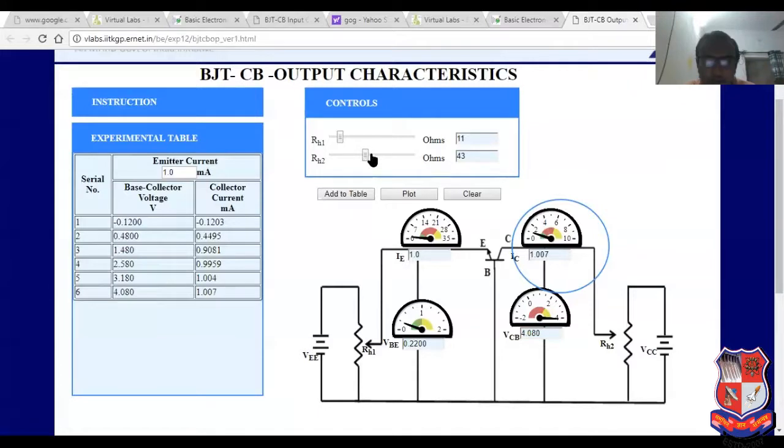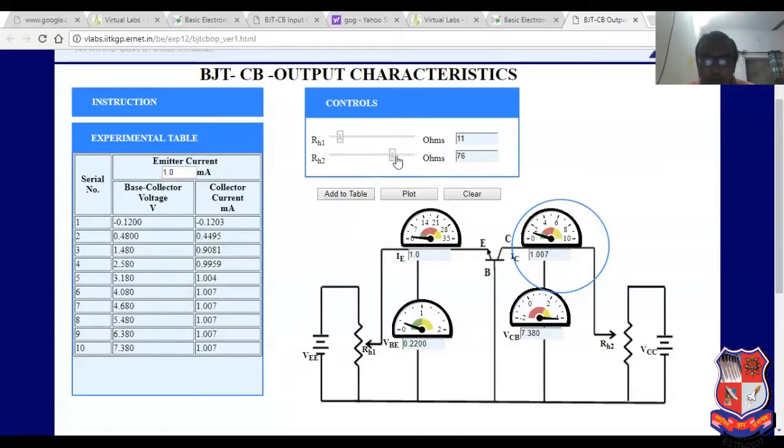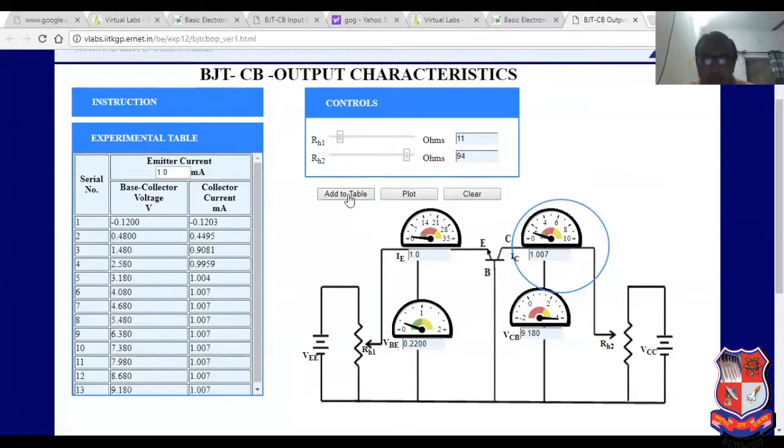See this very carefully. Current is constant. I have highlighted this. See this, current is constant. If you increase the VCB voltage, then current is constant.